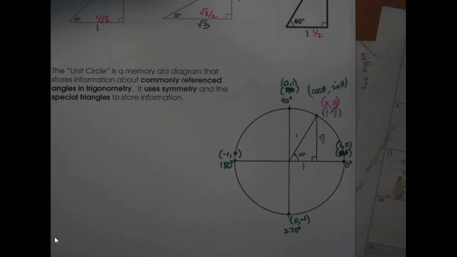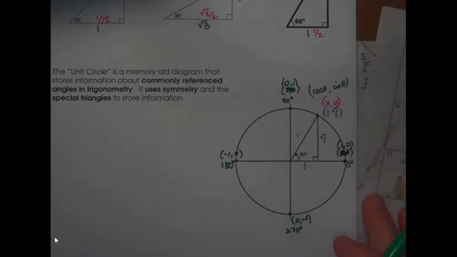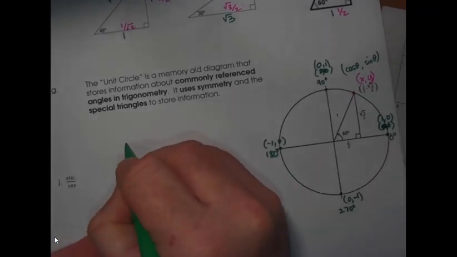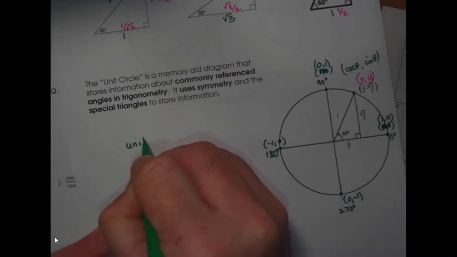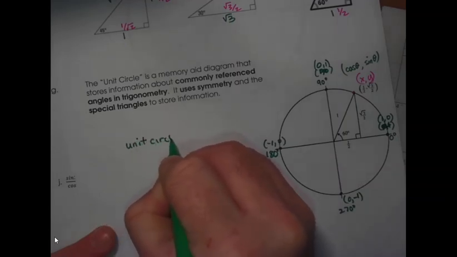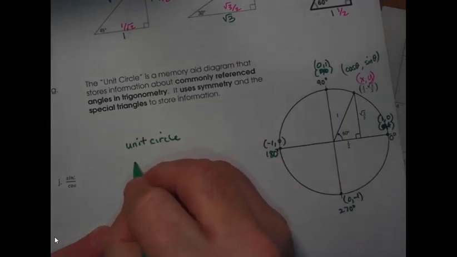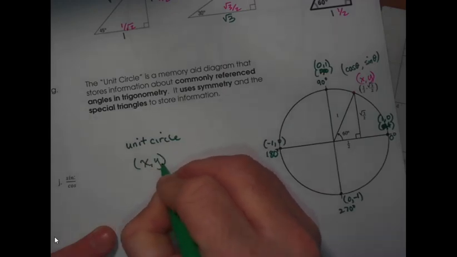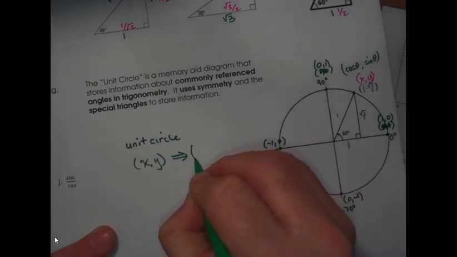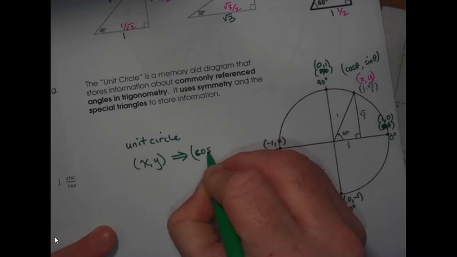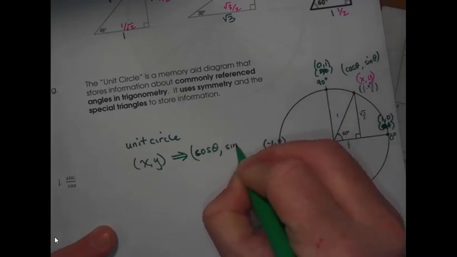That's what we're going to take from this unit circle, and we're going to build the unit circle on the next graph. But the big idea here is that on this unit circle, the point x, y is going to represent cos theta and sine theta.